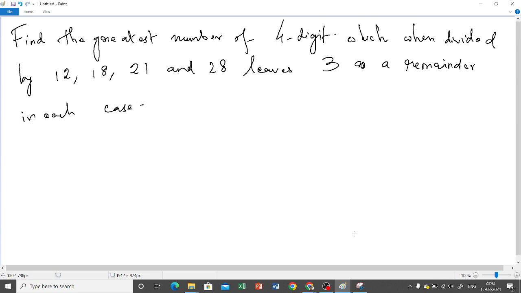Find the greatest 4-digit number which when divided by 12, 18, 21 and 28 leaves 3 as a remainder in each case.